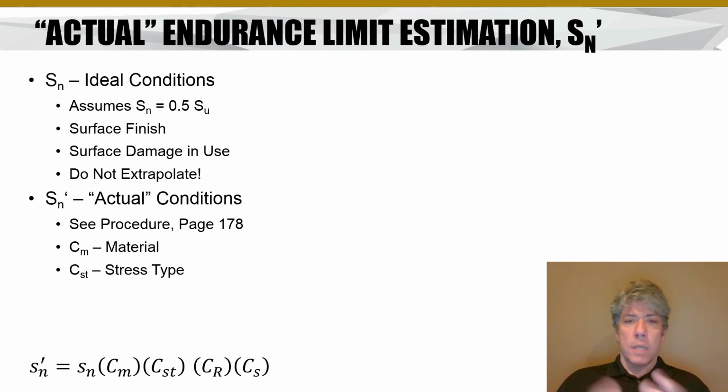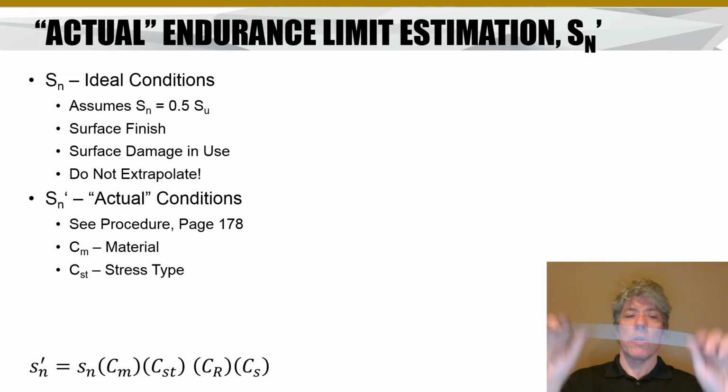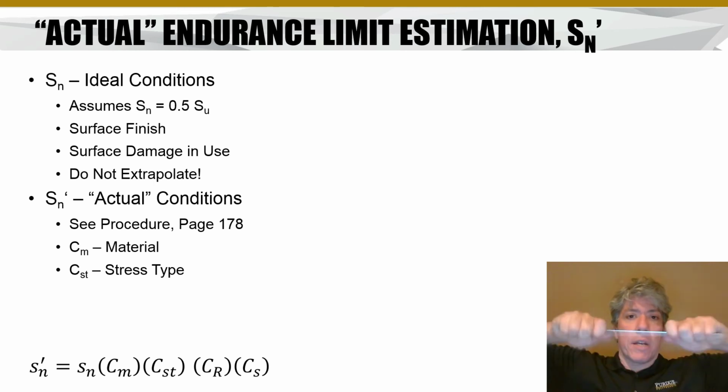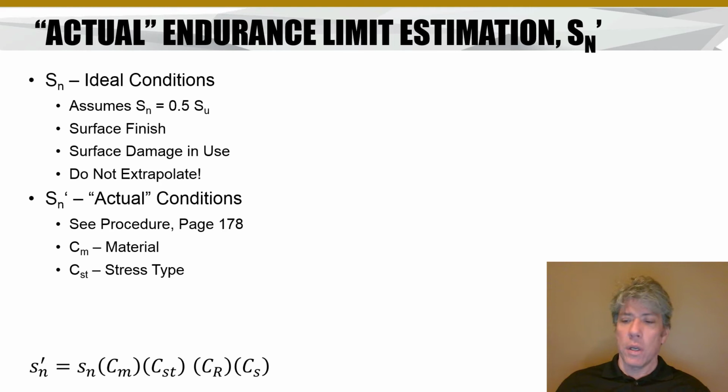If the condition of loading on the actual part is not that kind of stress, not a bending stress where only a small section of the material is stressed, like for example again with this ruler, if I bend it, mainly the stress is in the top and in the bottom, right? That's where the largest stresses are located. But if I've got a stress where the entire cross section is being stressed to the same amount, then that has to be taken into account.